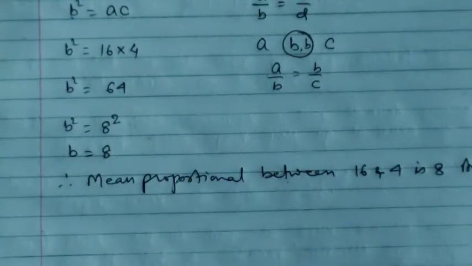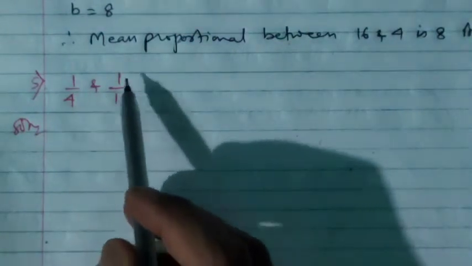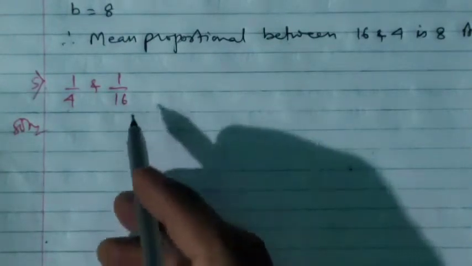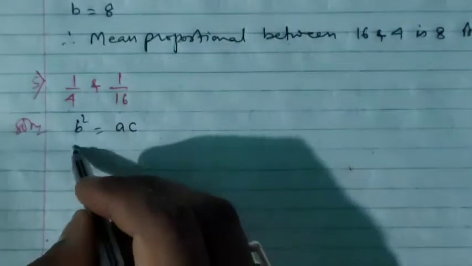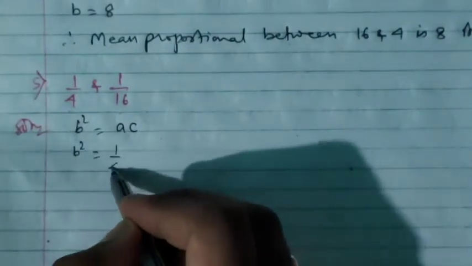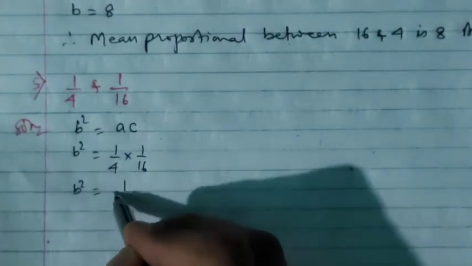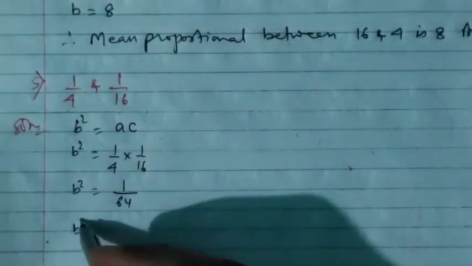One more I am going to solve for you, that is question number 5. Question number 5 is 1 by 4 and 1 by 16. This is the value of A, this is the value of C. Now by the formula, B square is equal to AC, so we write B square is equal to 1 by 4 into 1 by 16. B square is equal to 1 by 64. Again the same question is there. Here it was 64, here it is the reciprocal.